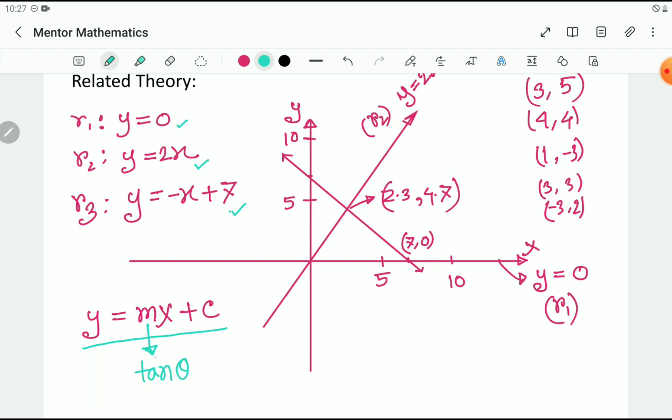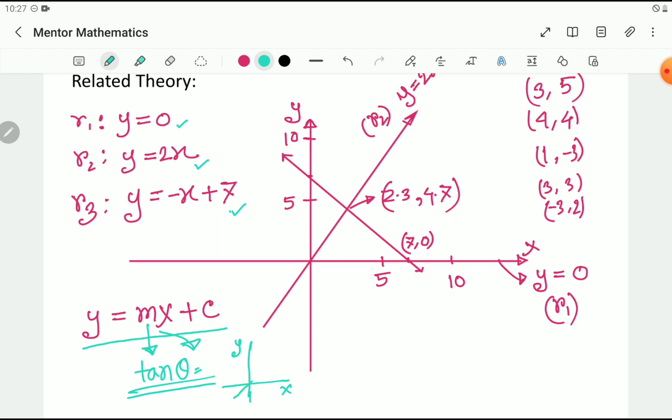The value of this m tells us how the line is positioned with the coordinate axes, that is, the angle between the line and the axis, either x or y. We can simply quantify it by the value of m, and if we need, we can also find out the value of theta. For example, this is a coordinate system. This is the x and this is the y axis.